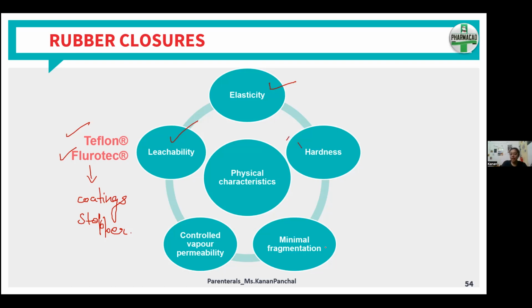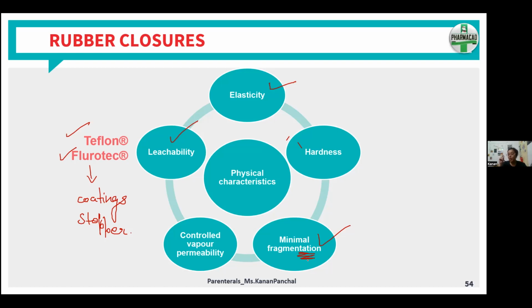And minimal fragmentation. Again, link it to the thing. Minimal fragmentation means when you are piercing it with the needle, the rubber stopper should not break and go inside your product. It can happen, but it should be very minimal. There should ideally be no fragmentation.